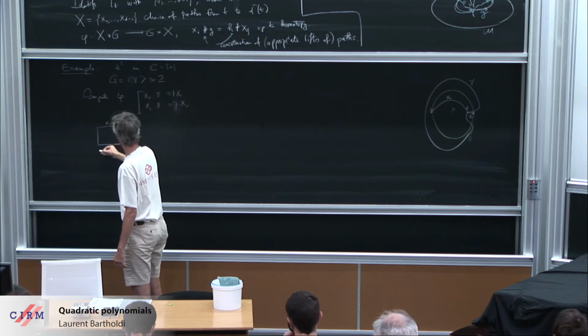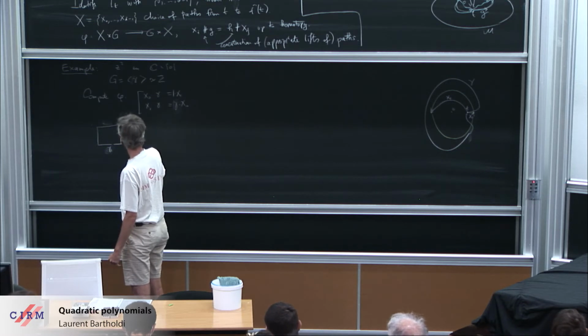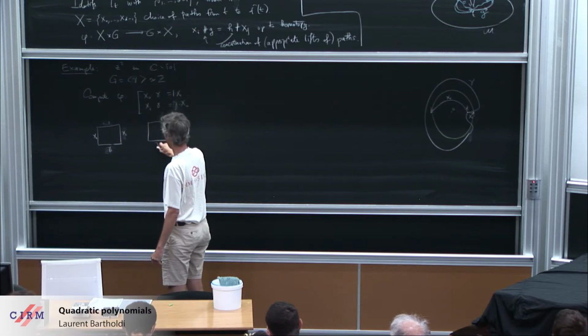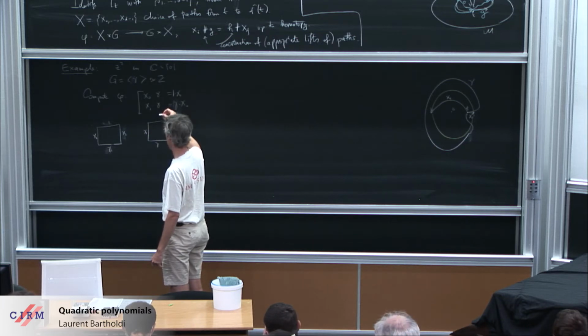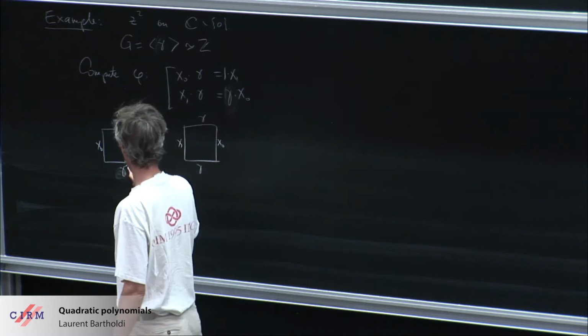I put a gamma and x0, I'll have an x1 and a 1. And for gamma, x1, we'll get x0 and gamma. So all these things come with a square.